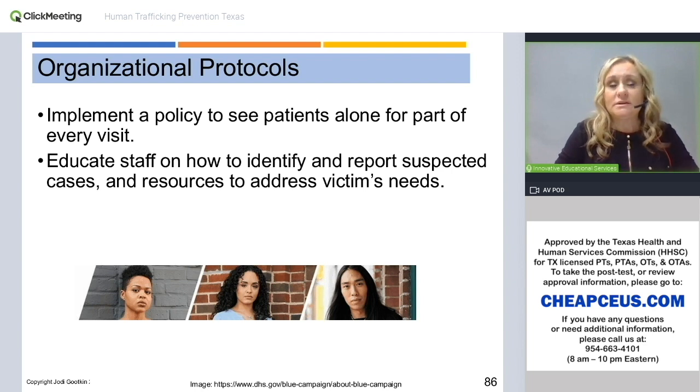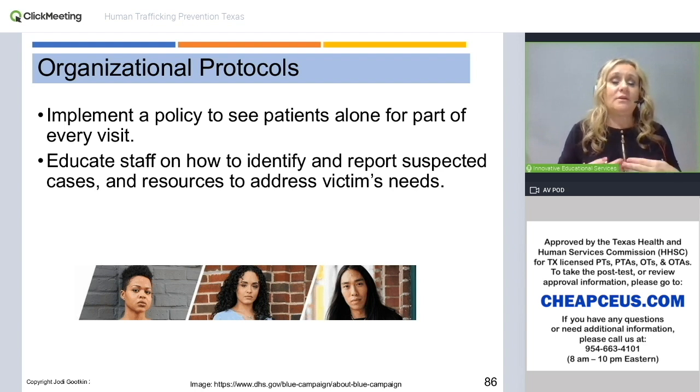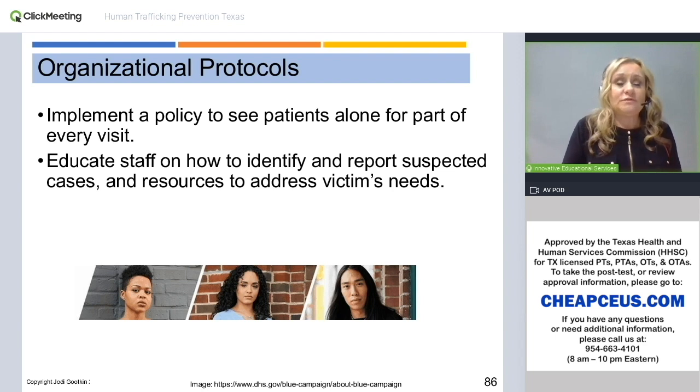There are several models that exist of organizational protocols that can be in place with best practices to serve victims and survivors of human trafficking by having procedures in place that include educating healthcare providers. Everything that we're discussing today is important so that procedures can be implemented and resources can be readily available for when these situations arise and potential victims present themselves.